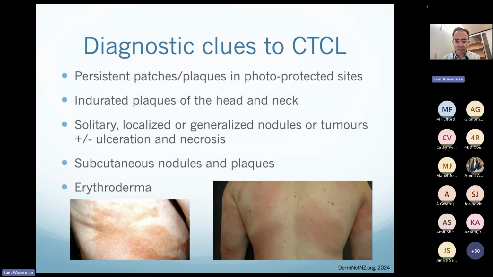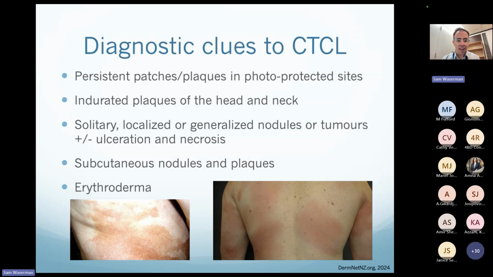If an inflammatory skin condition, what you think is psoriasis or eczema or psoriasiform dermatitis or small plaque parapsoriasis or what have you, is not behaving like that, not responding to our usual therapies at all, perform a biopsy. You may actually require multiple biopsies to catch it, because CTCL is very difficult to biopsy, and oftentimes the biopsies just come up with something non-specific.